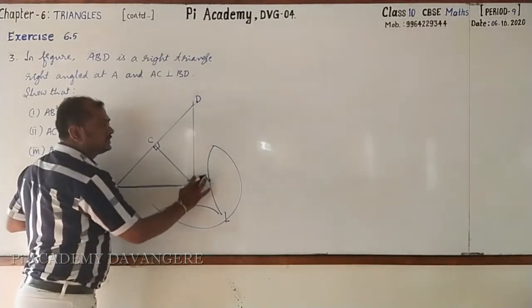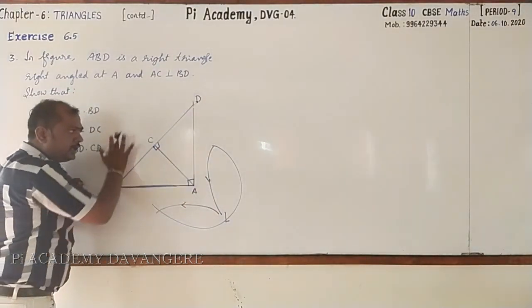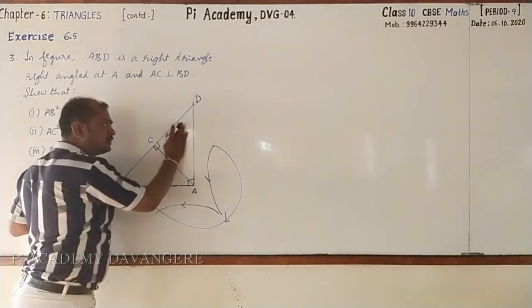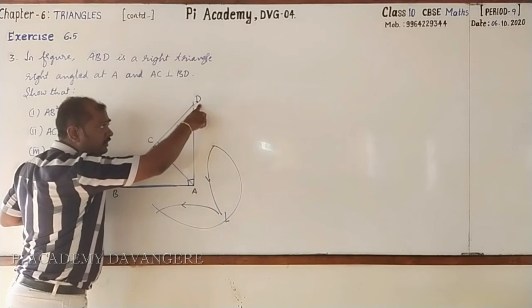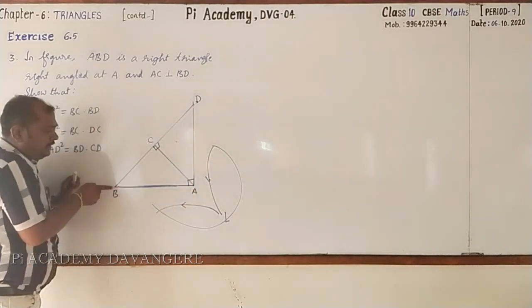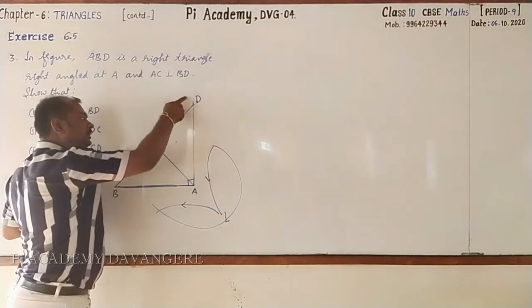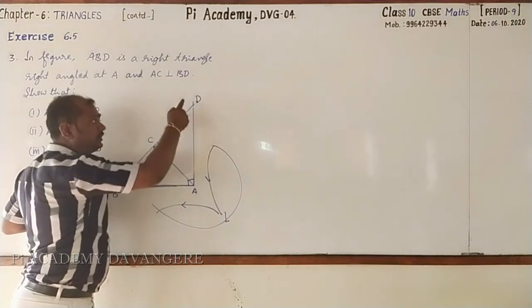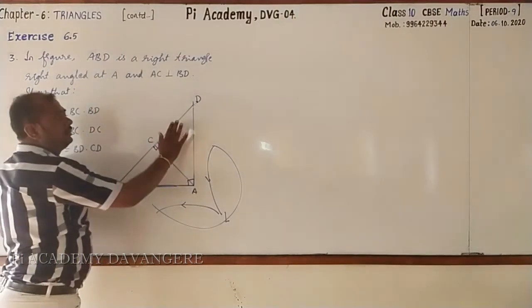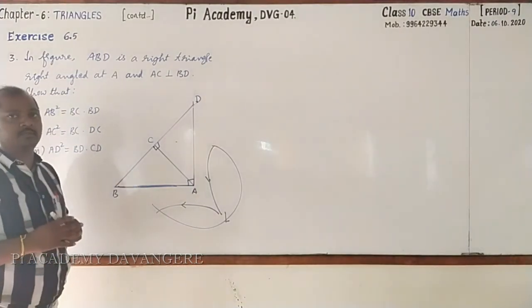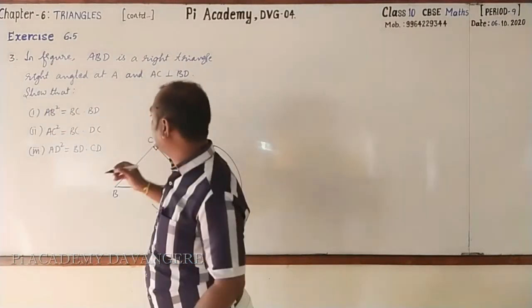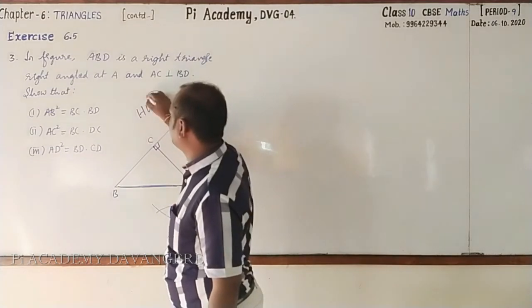AD is the side of the main triangle, and AD is also a side of this smaller triangle. Hence, you should take the triangles in the order DAB is similar to DCB. That should be proved. Then you will get this statement by taking CSST. Hope that you are able to do that yourself.